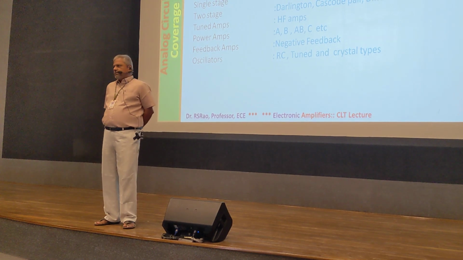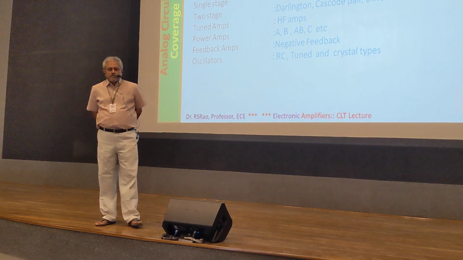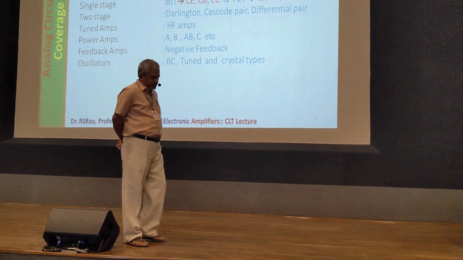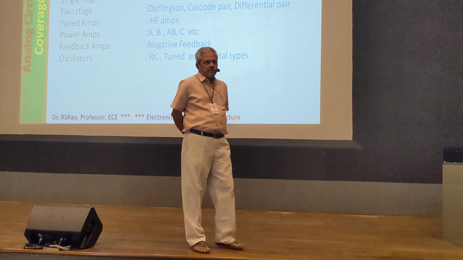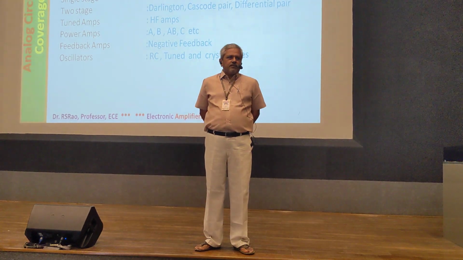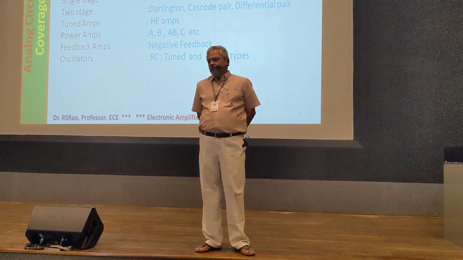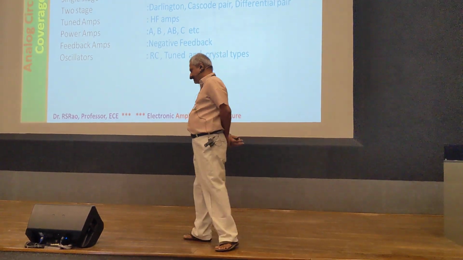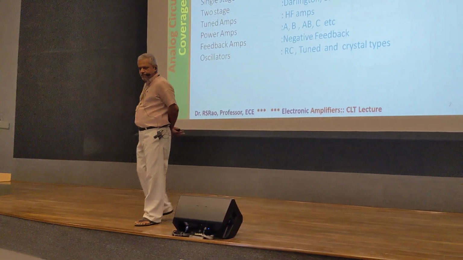Now that combination is called cascode. Cascode means CE, CB together. This has a FET version also. In BJT, it is CE-CB. In the FET version, it becomes CS-CG.